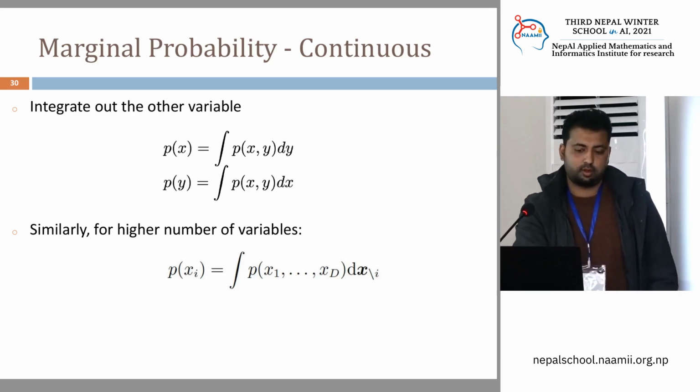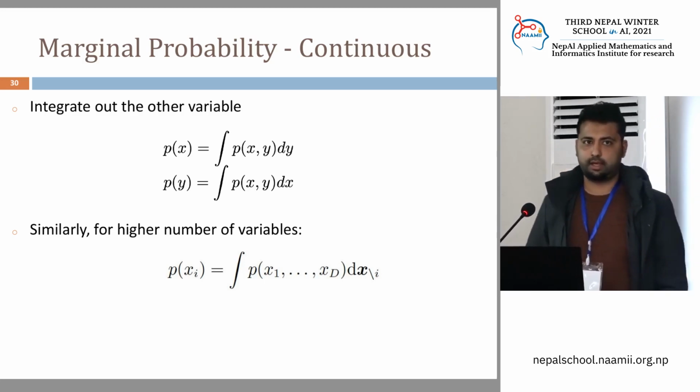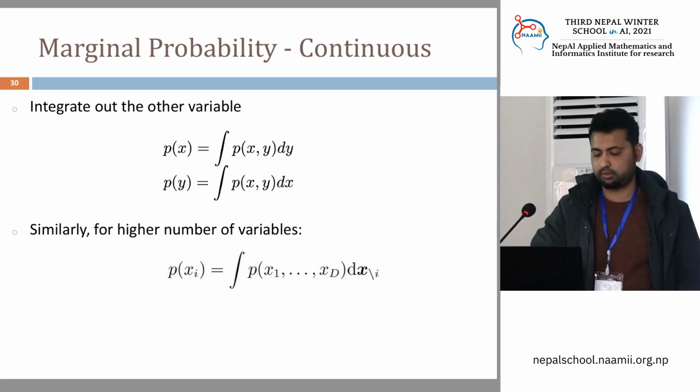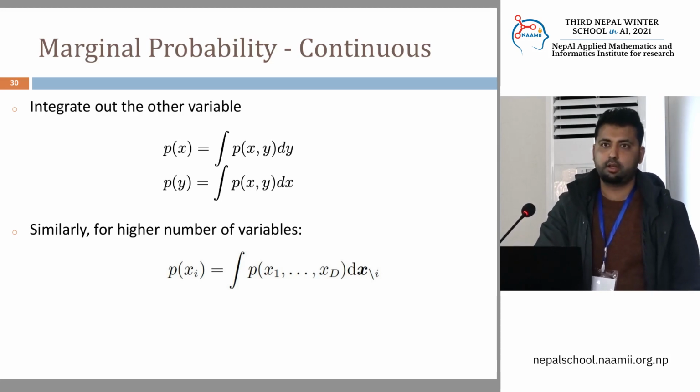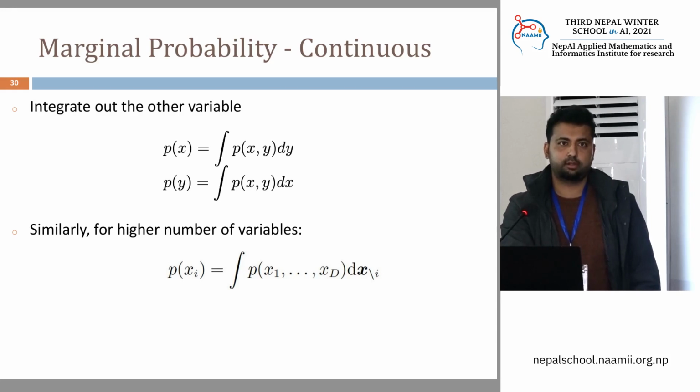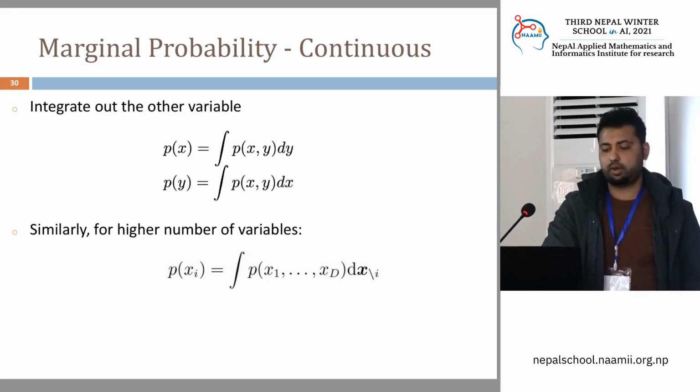And of course, I am just talking about two variables because that is easy to conceptualize, visualize, and imagine. If you have d variables, for example, you can talk about the probability distribution of d random variables. Then you want to find the marginal probability of x1. Let's say i is equal to 1. Then what this notation is saying is that you need to integrate out everything except 1, which is obvious, right?